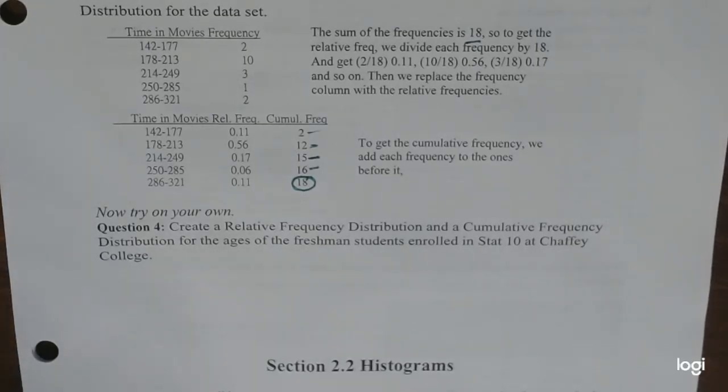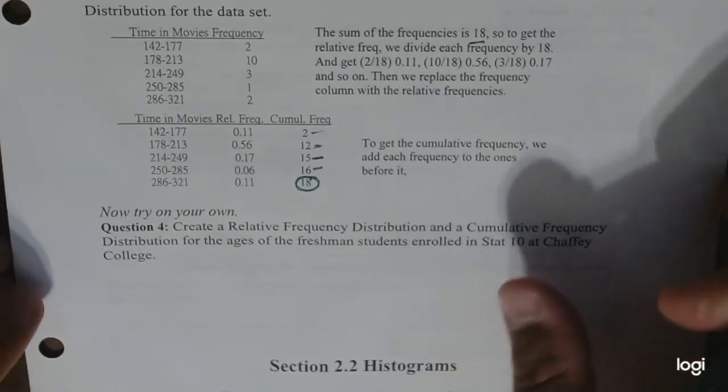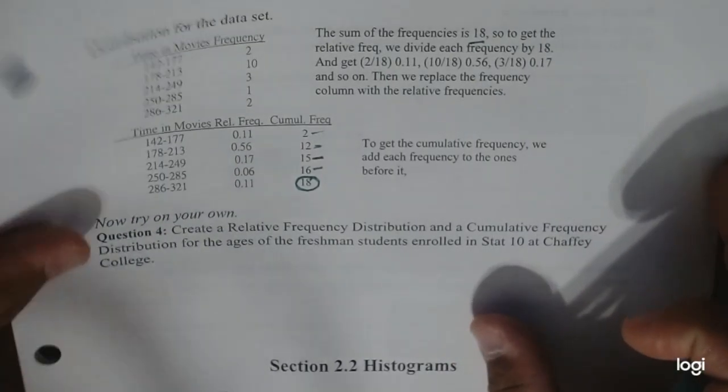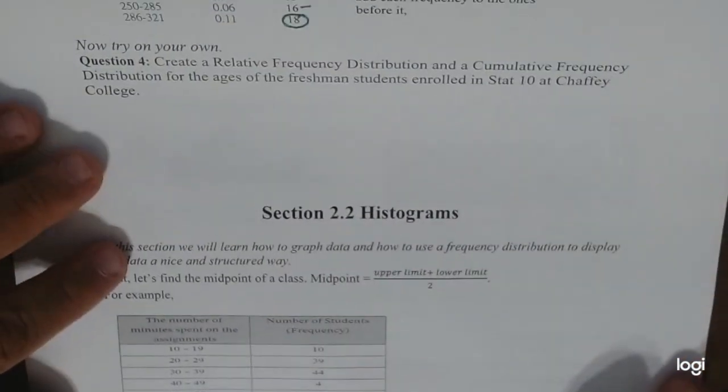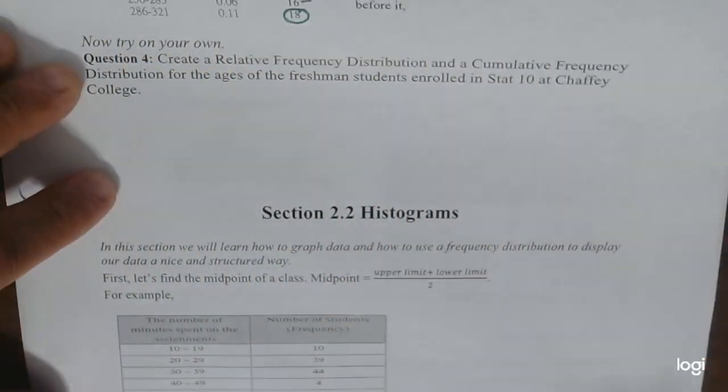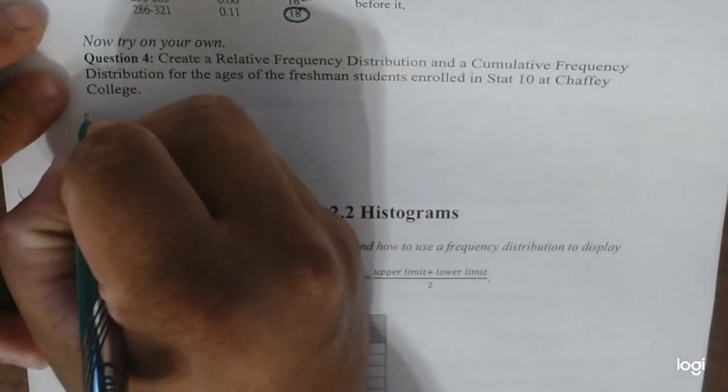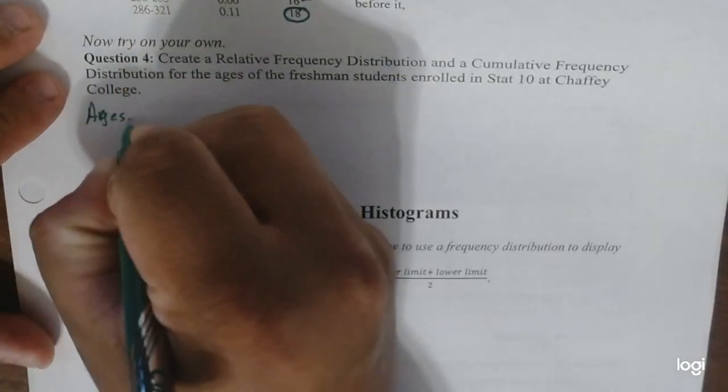Okay, so let's actually try an example. So let's go back to our cumulative frequency of students, right? So for a relative frequency and a cumulative frequency distribution for the ages of classes enrolled. So let me just quickly put that in. So ages of freshmen.